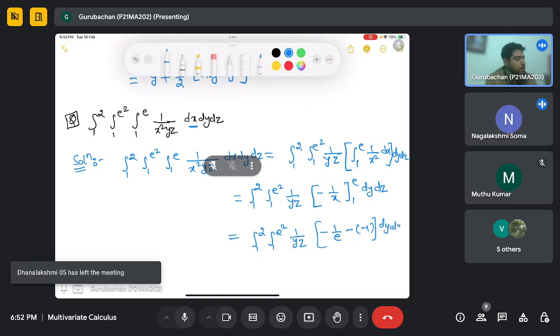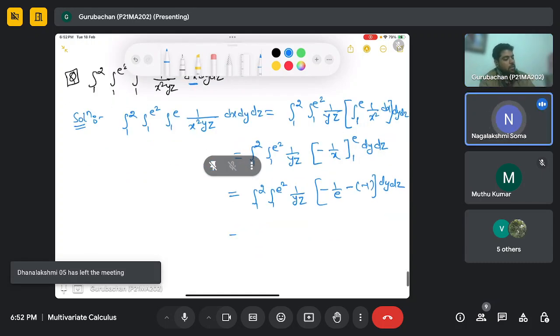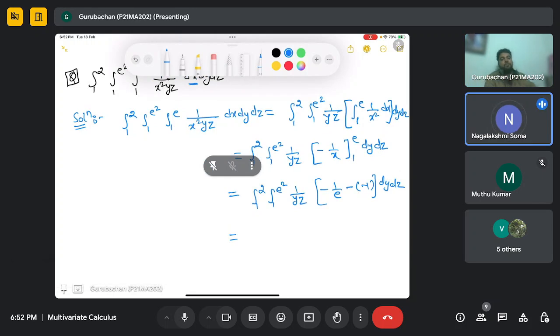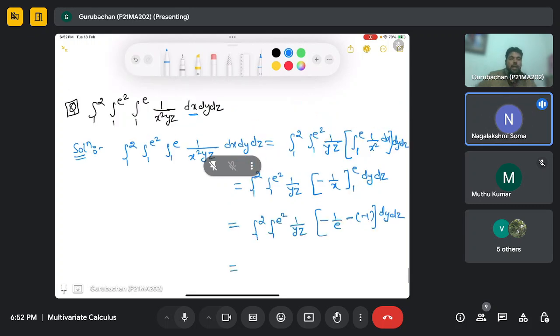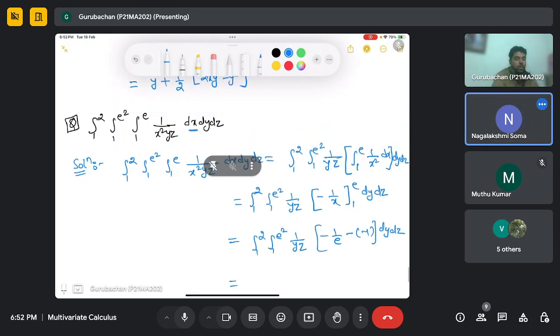I know that process, but is there any rule to take the order like that? I'm telling you, here since it is dx, we have to integrate with respect to dx first. Then we have to integrate with respect to dy, or you can say y.